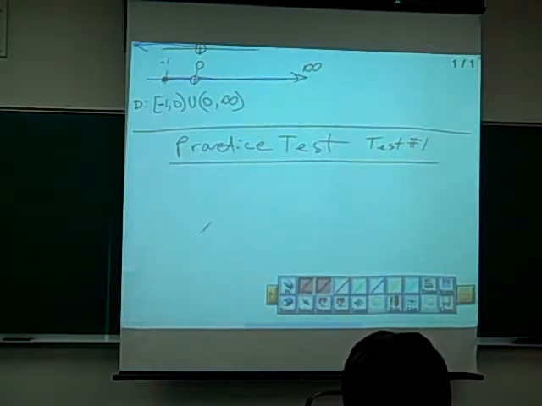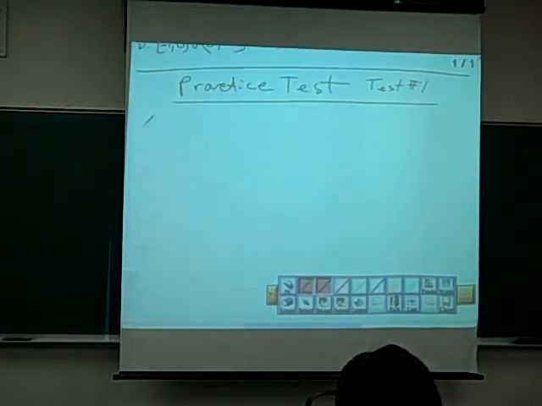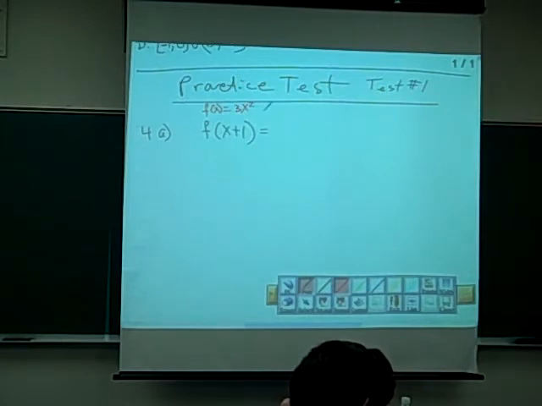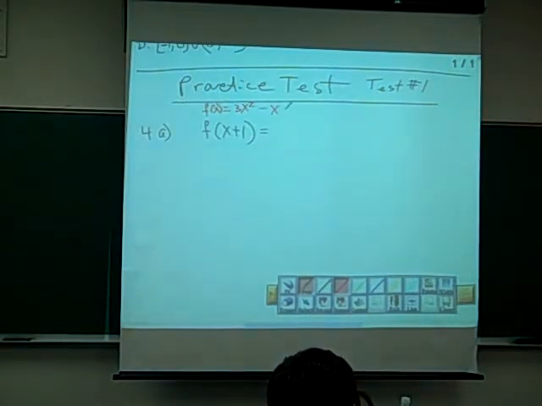Okay, plus x plus 1. And we want to know what that equals. We know that f of x is equal to 3x squared minus x plus 1.